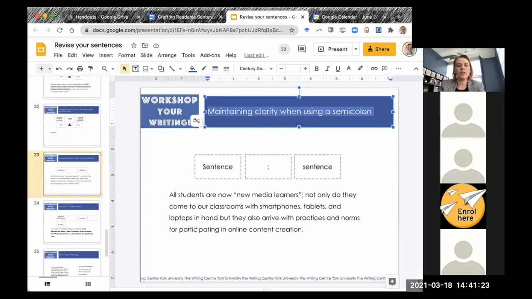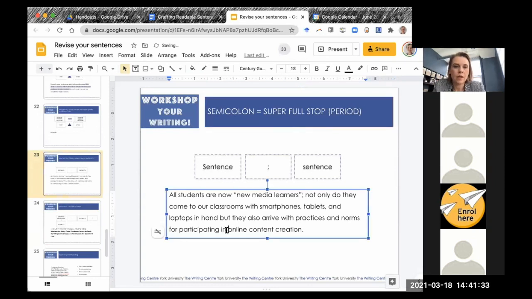That's only one way that you can use a semicolon. You can also use a semicolon as a super full stop, or colloquially known as a period. So in this case, we go back to our understanding of a simple sentence, who, did, and what, subject, verb, object. We make sure that we have 2 simple sentences on both sides of a semicolon.